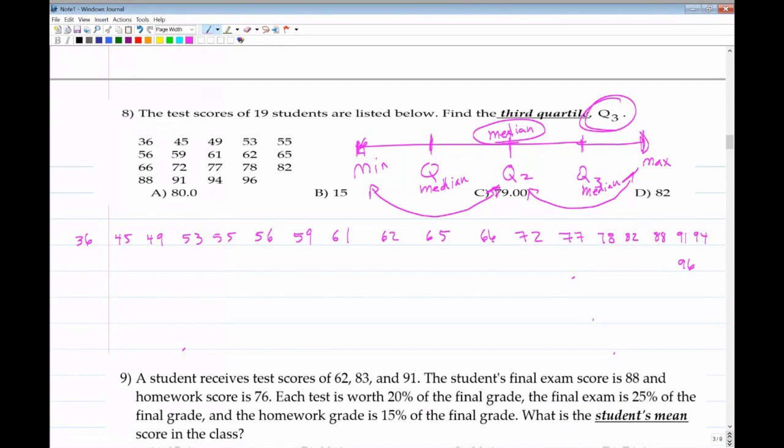To find Q2, we'll do the following: 1 and 2 from this side, 1 and 2 from this side, and so on, but then we have 2.